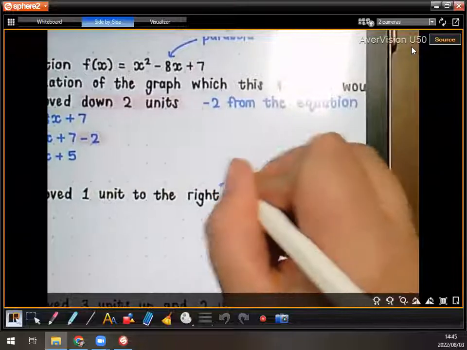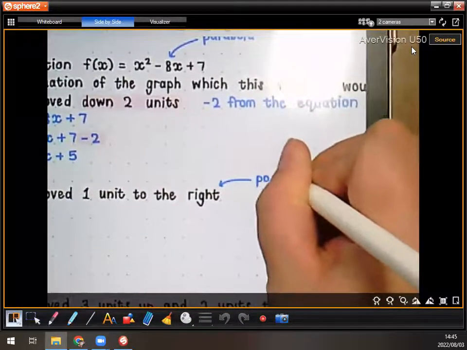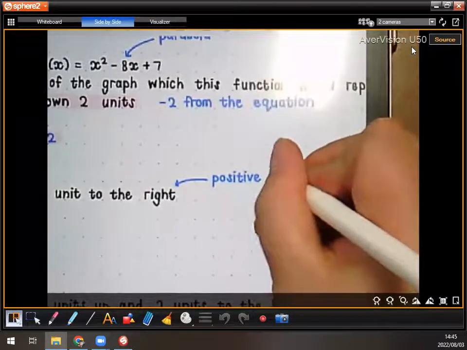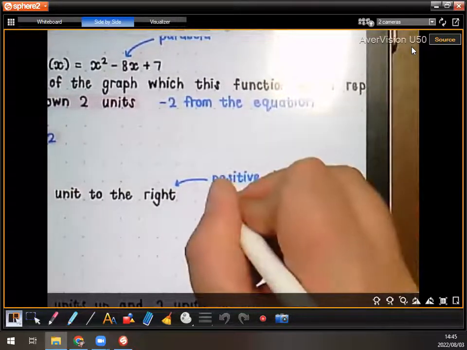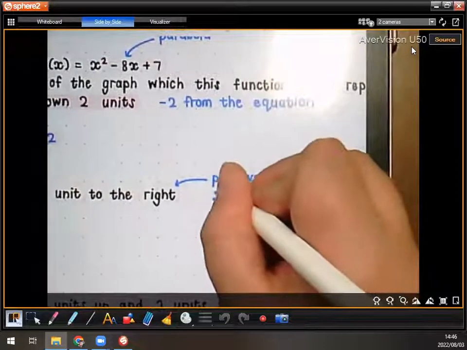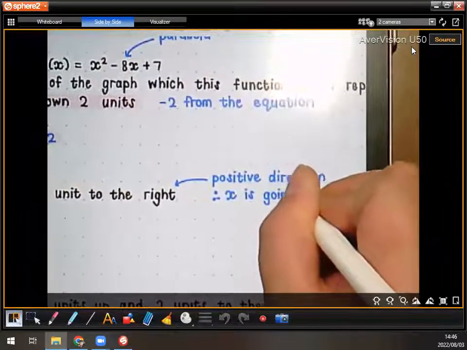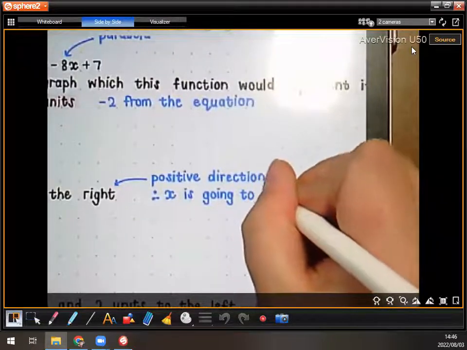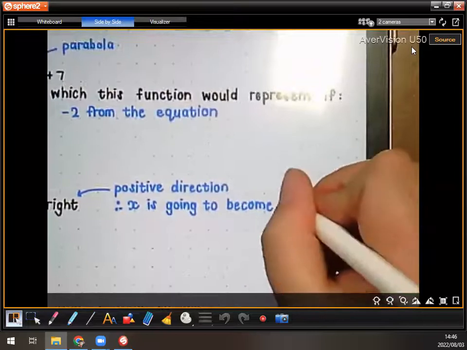So because it's to the right, which is the positive direction, therefore, what's actually going to happen is in the equation that we have, x is going to become x minus 1.